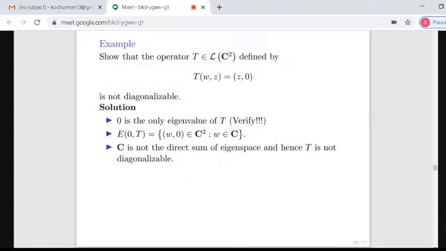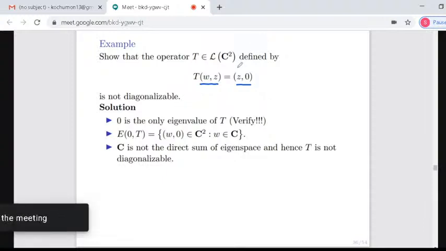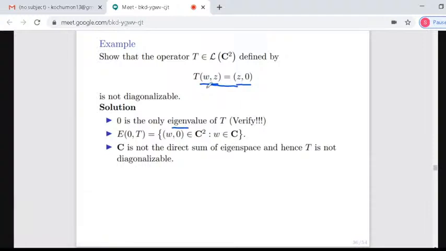Okay, example. So consider this map. In C2, (w, z) is mapped to (z, 0). Anyways, I am flipping and then I am projecting. So flip it and then project it to the first dimension. That is what I am doing here. So this is not a diagonalizable operator. Why? Because 0 is the only eigenvalue here. This you can show, you should show from this line. Don't go to matrices or anything.